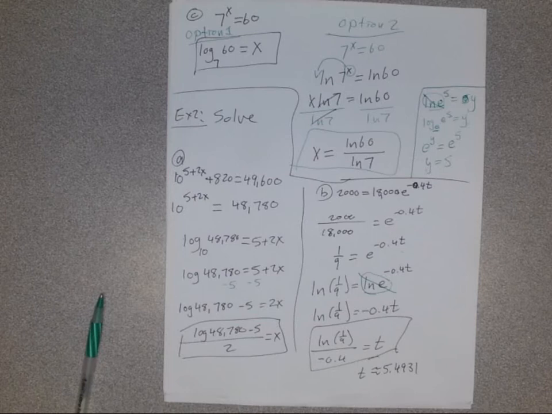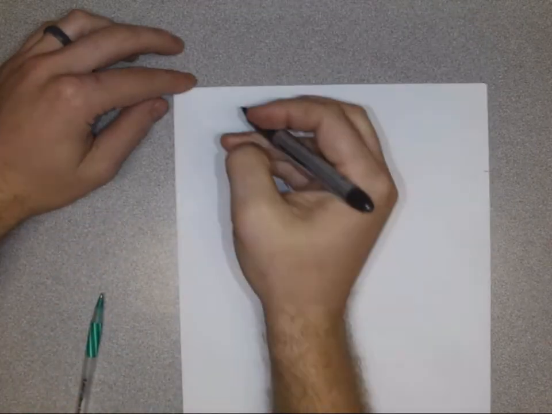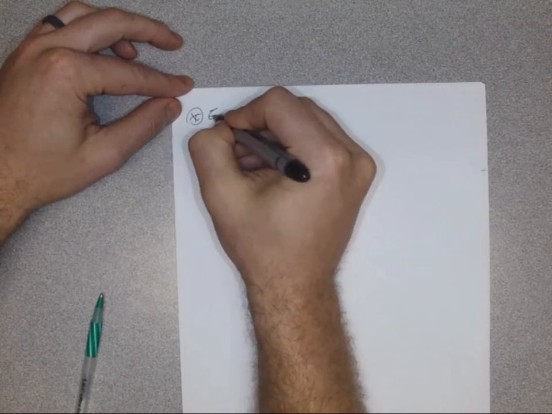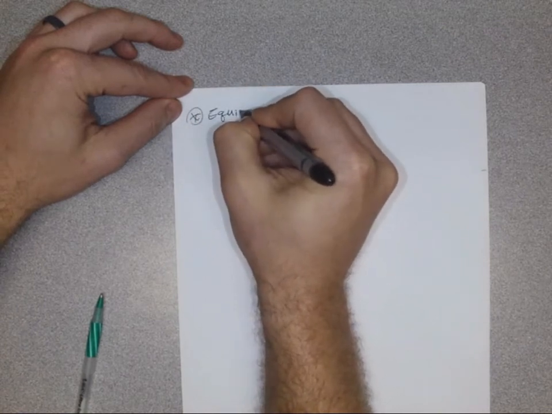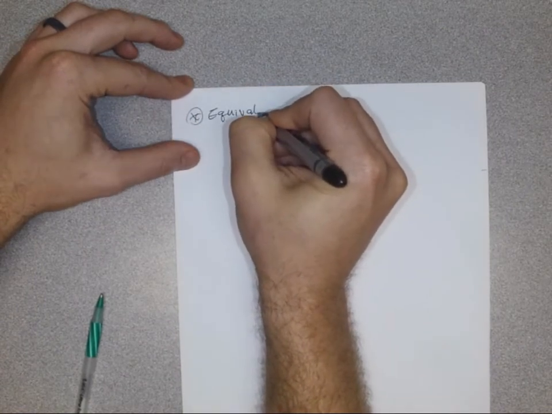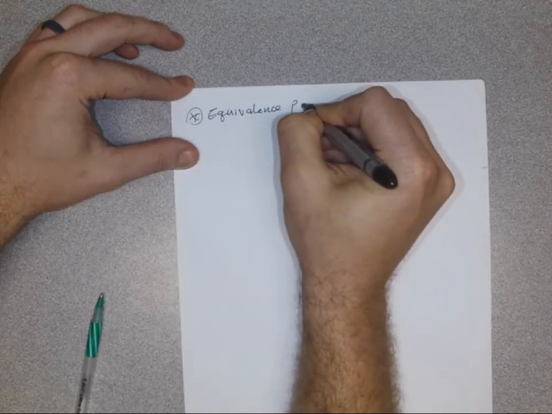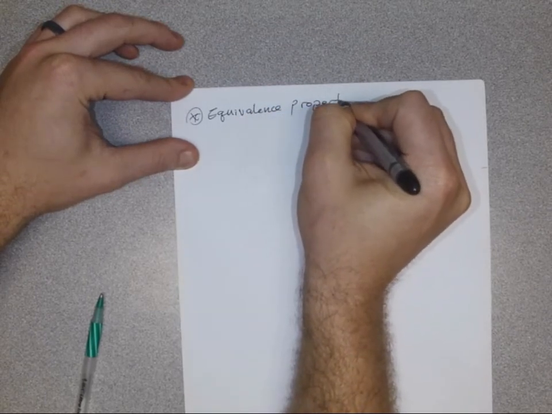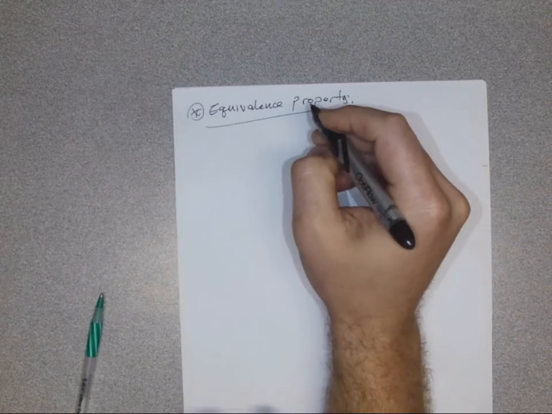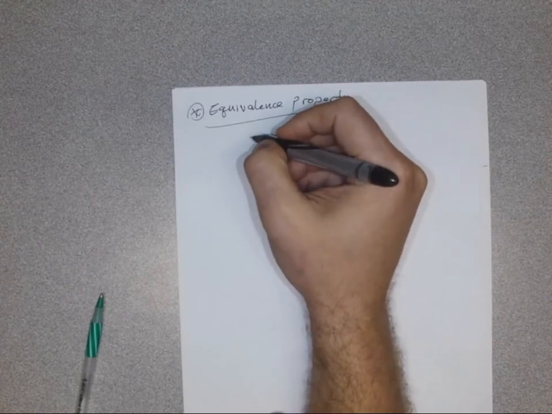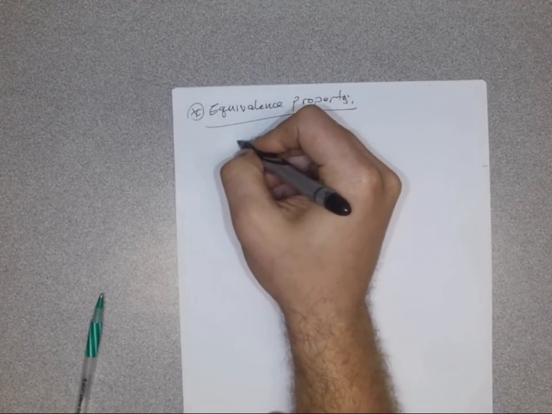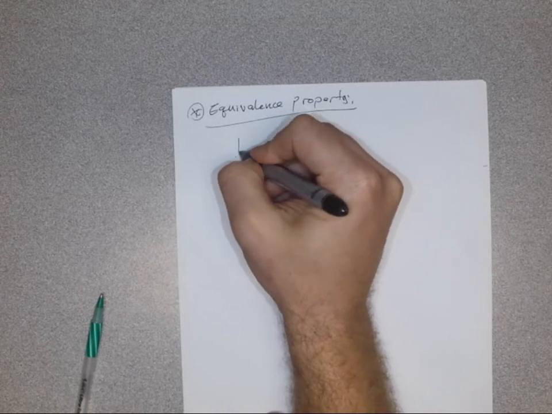Next up is another equivalence property. And this one is for logarithms, or the logarithmic expressions. And it's very similar.